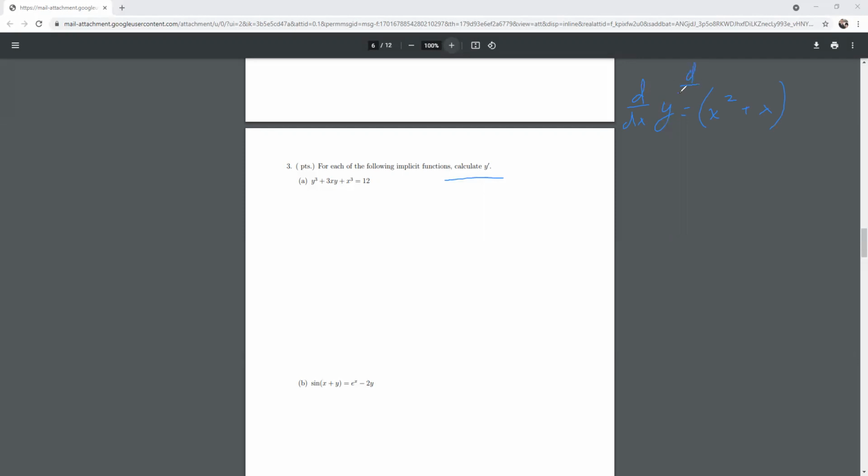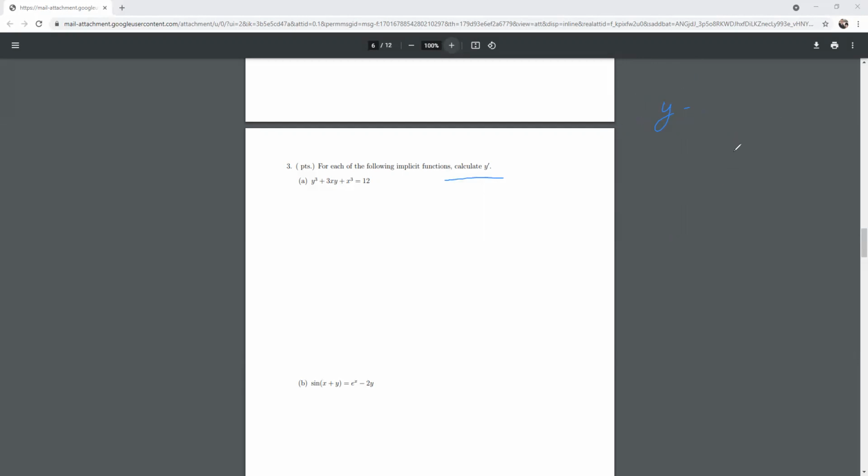So we take the derivative just like that. What we do to the left side, we also do to the right side, and that's why we write dy dx. So the derivative of y is equal to 2x plus 1, right? So we apply it to the left-hand side. Okay, so that's what we're going to be doing here.